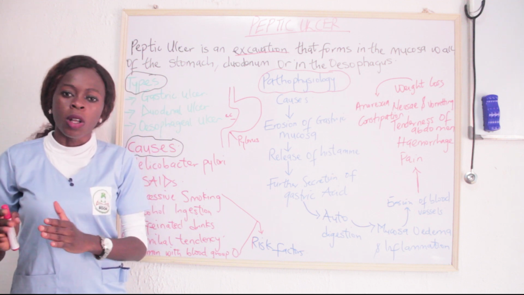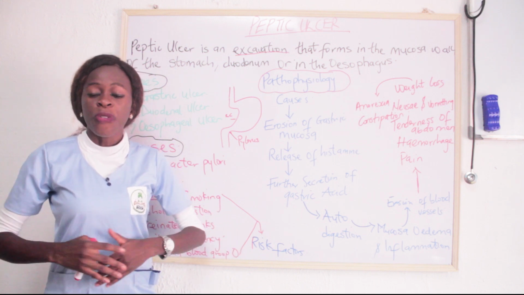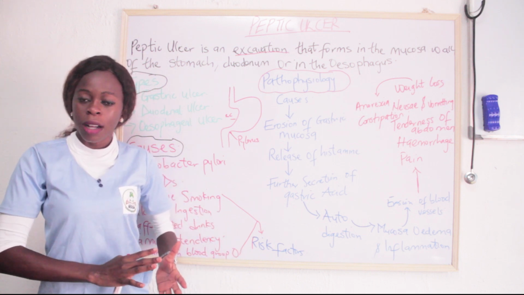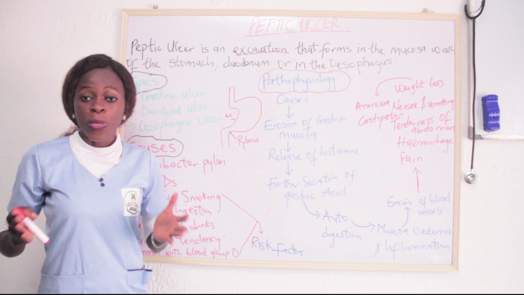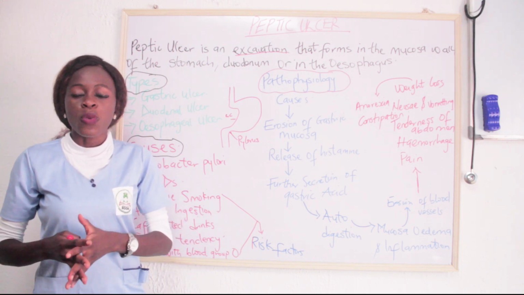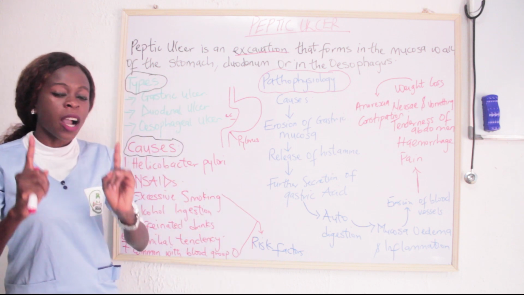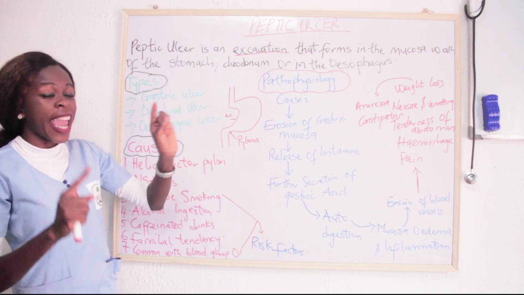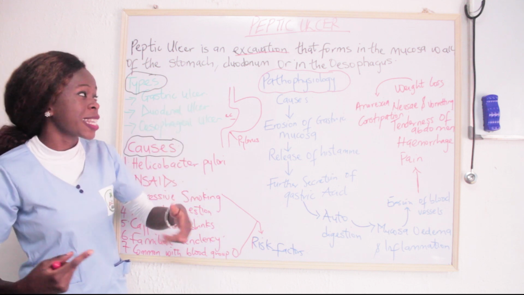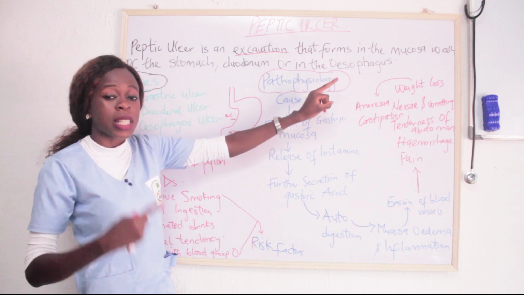Most of us, when we hear the word peptic ulcer, we feel it's just the stomach that is being affected. Depending on the type of peptic ulcer, that is when we can say it's just the stomach that is affected. So peptic ulcer is what? Is an erosion, or you can say is an excavation that forms in the mucosal wall.